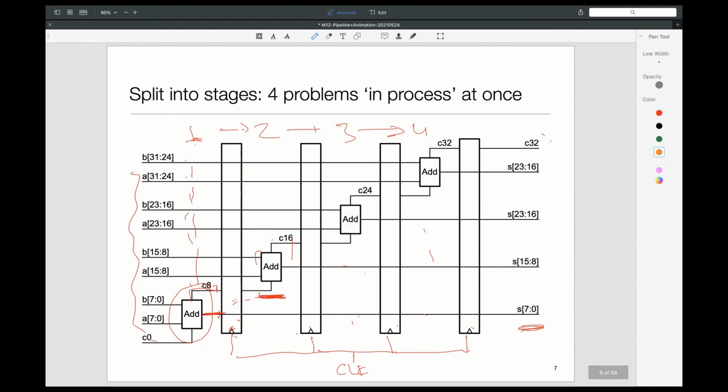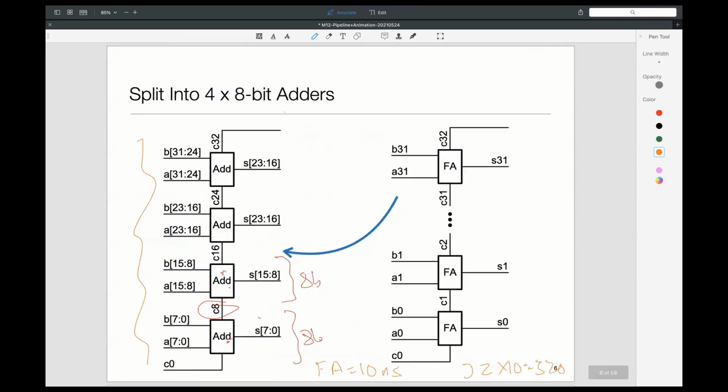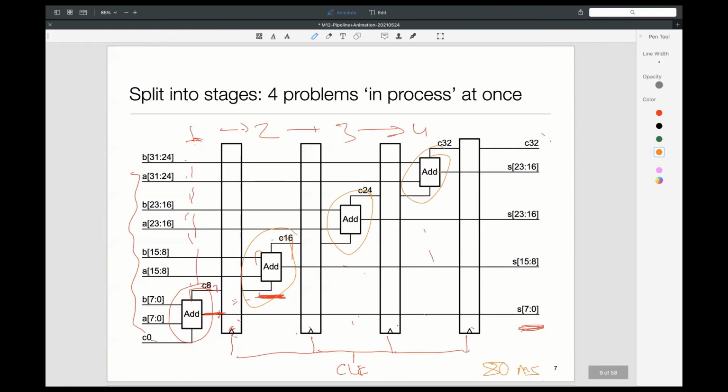So at any given clock stage, each one of these is an 8-bit adder. So it would be 80 nanoseconds, right? Did everyone get it? In the purely combinational design, I have to wait for 320 nanoseconds before I can do the next addition. Whereas in this one, every 80 nanoseconds, I can do a new addition.